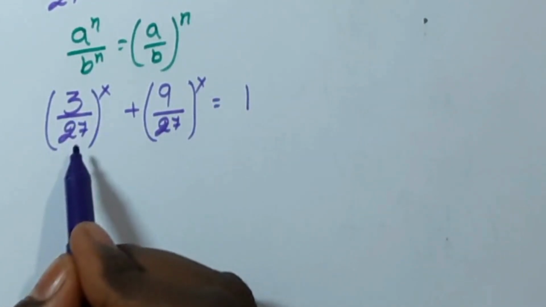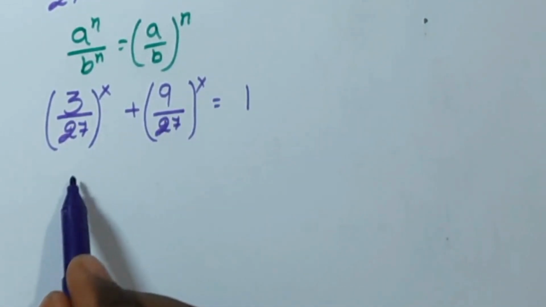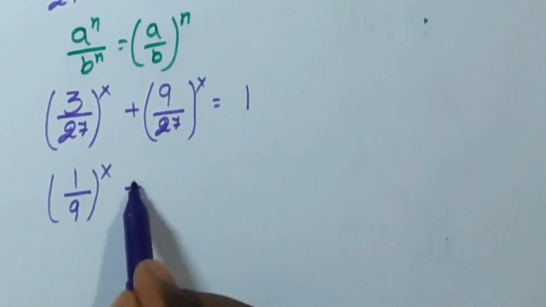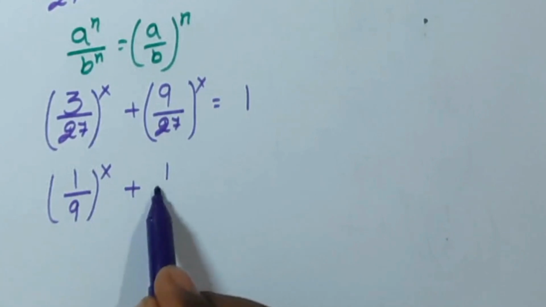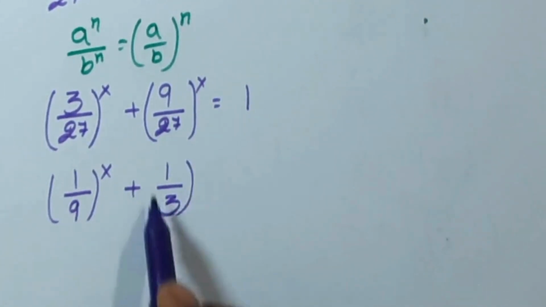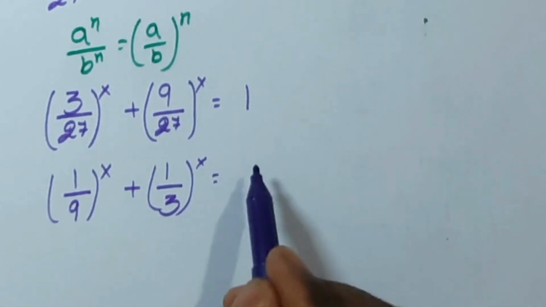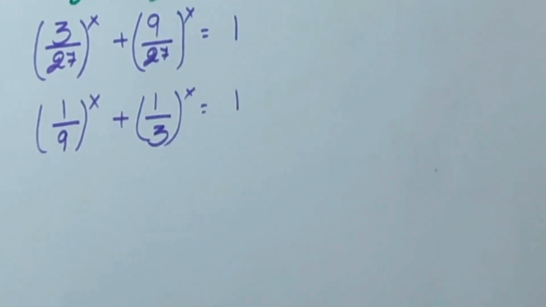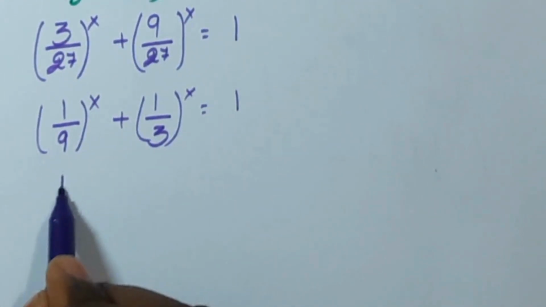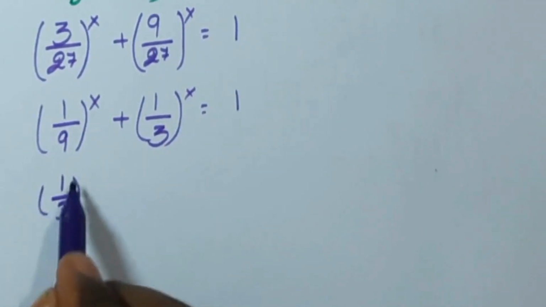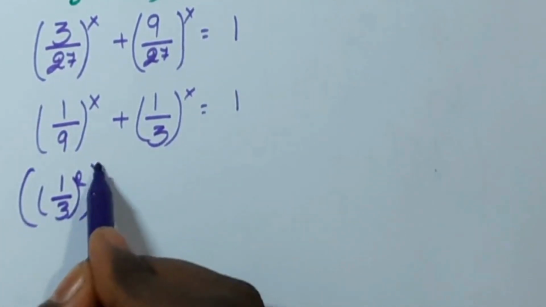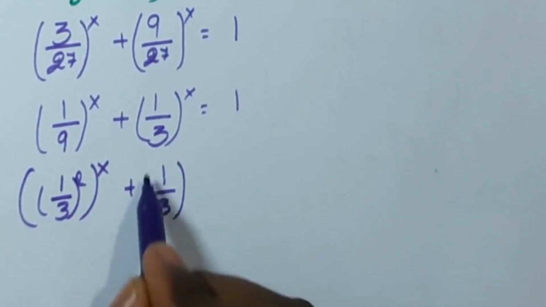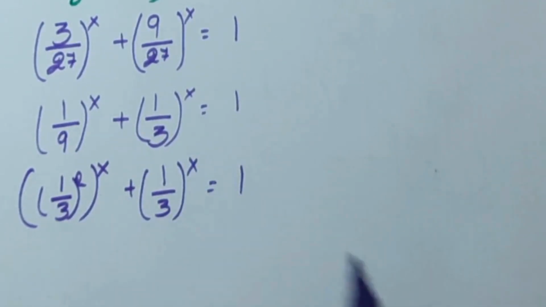This can be written as 1 by 9. 1 by 9 whole power x plus this can be written as 1 by 3 whole power x equal to 1. 1 by 9 can be written as 1 by 3 whole power 2 whole power x plus 1 by 3 whole power x equal to 1.